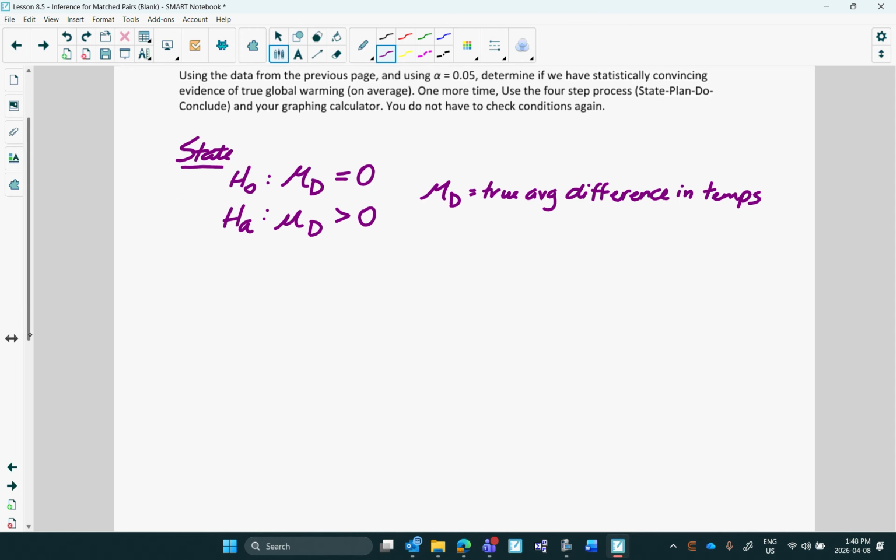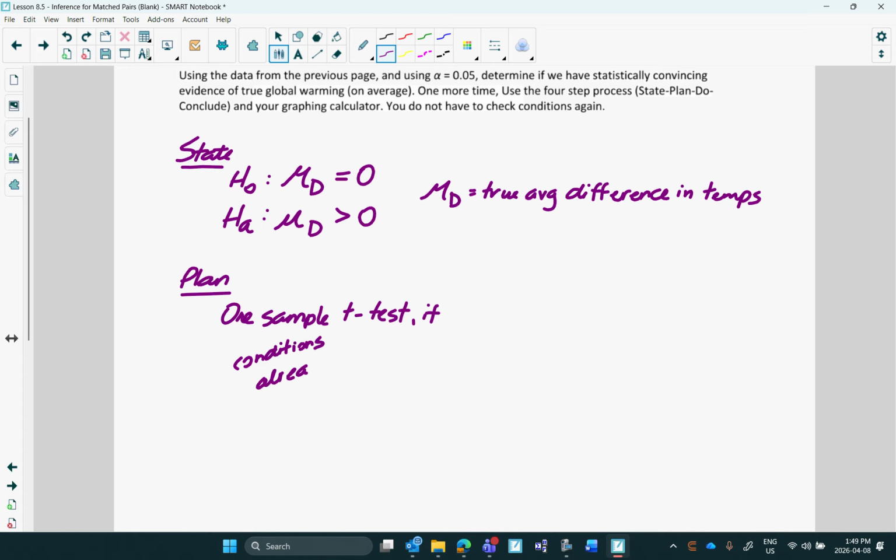For the plan, well, we're doing a test, and it's a one sample t-test. And then remember, I'm just going to say conditions already met.